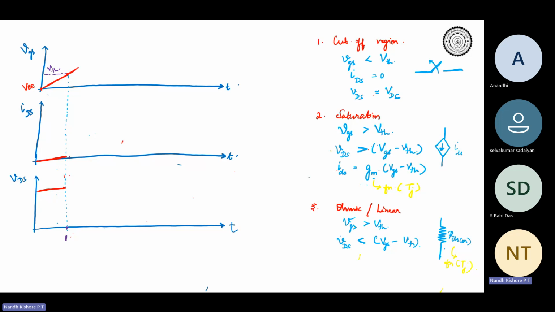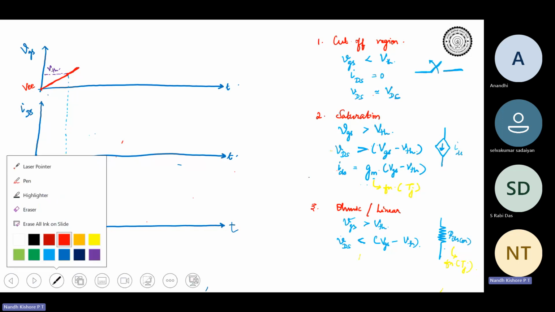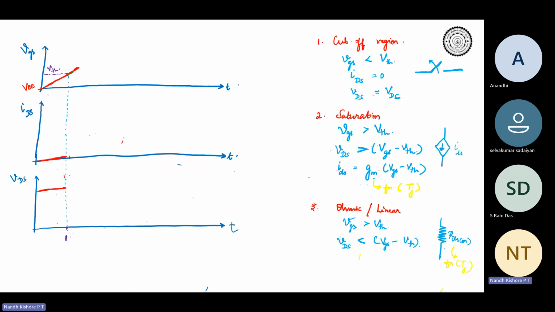As VGS increases, GM is fixed, so VGS increases beyond V threshold. As the difference increases, your current also increases. Let me take a different color. Following the profile of increase in gate source voltage, your current will also increase.